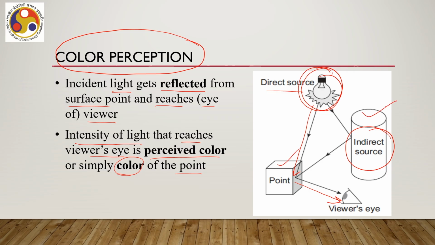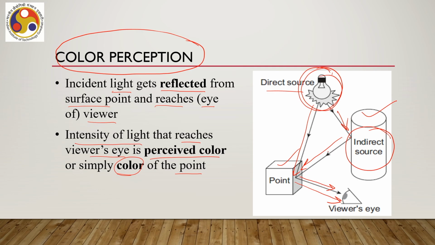So, there can be surrounding objects, light can fall on the surface of the surrounding object as shown in this path, can get reflected, and can get reflected again to mix with the earlier reflected light that is coming from the direct source, and then eventually they together reach our eyes.